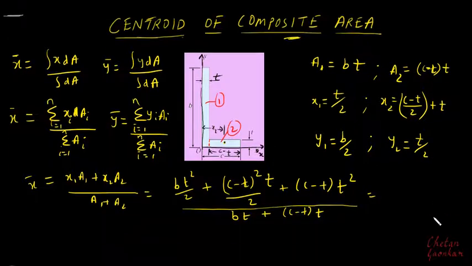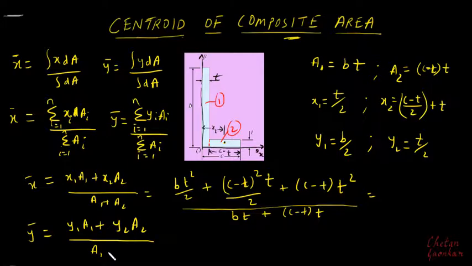Fine. And similarly I can determine the y bar as summation of yi ai, where i goes from 1 to 2. It will be y1 a1 plus y2 a2 divided by a1 plus a2.